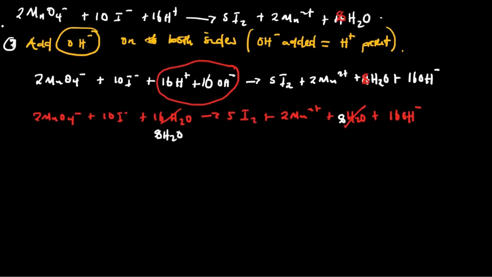Perfect. So now, after cancelling, we rewrite the equation and just counter check. So now observe that at this point, your equation is now balanced in basic media. So the presence of OH- in your equation tells you that the equation is now what? Basic.